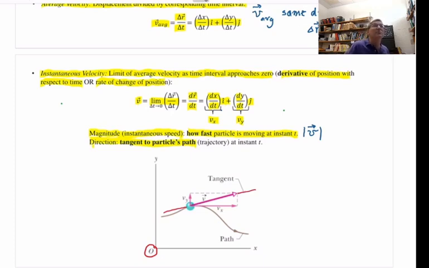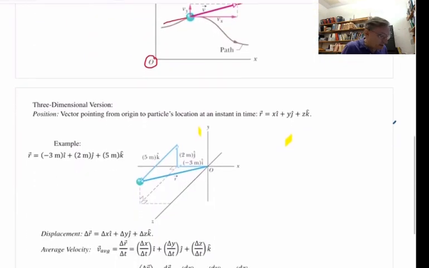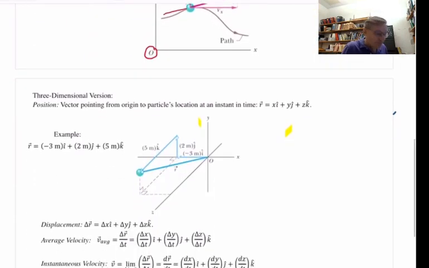Okay, now that I've introduced position, displacement, and velocity, both average and instantaneous, in 2 dimensions, let's do them all again in 3 dimensions, because there are objects that will move around in full 3-dimensional space. Of course, there's a challenge when you want to represent 3-dimensional motion.